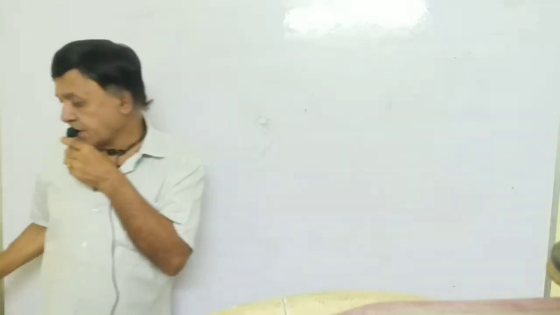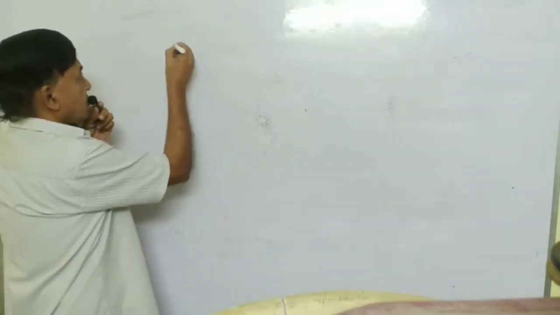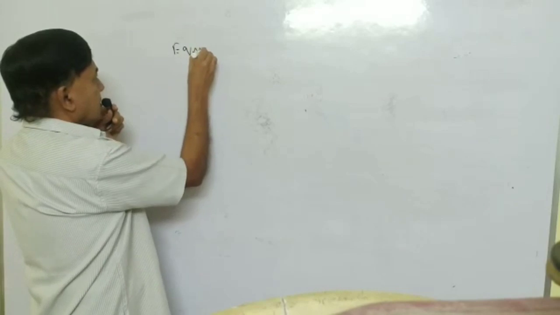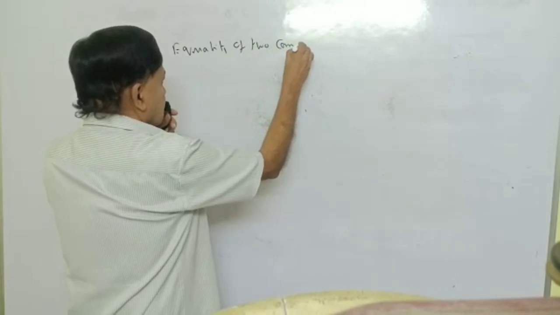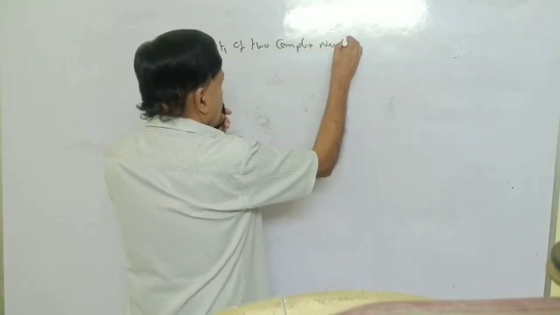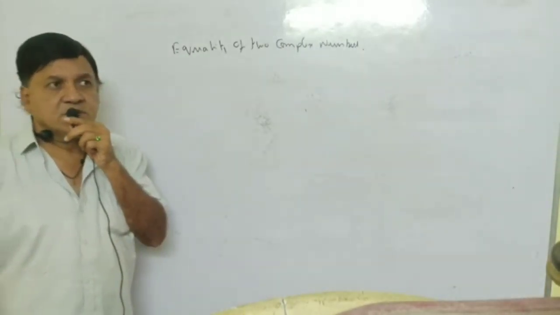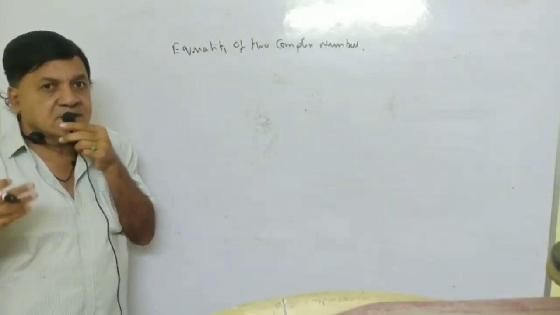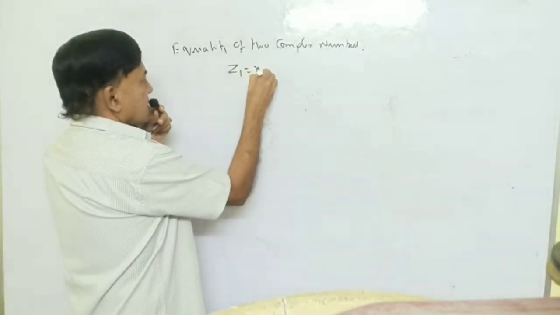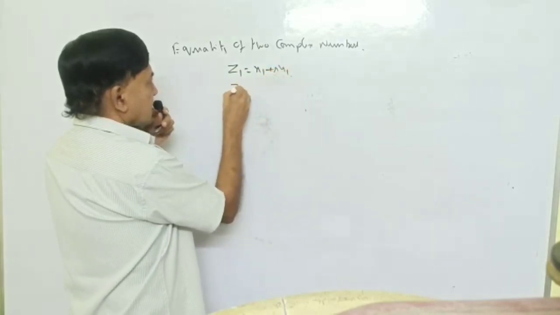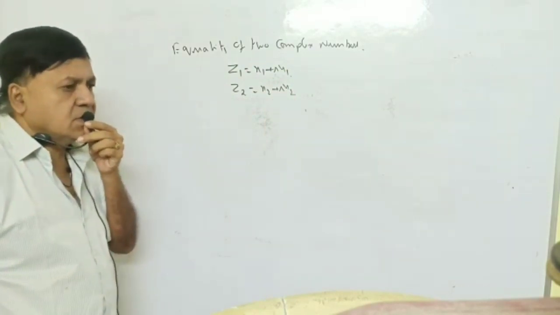So this is the definition of a complex number. Then the next point is equality of two complex numbers. Equality of two complex numbers means when do you say two complex numbers are equal? Let us consider z1 is equal to x1 plus iy1, z2 is equal to x2 plus iy2.